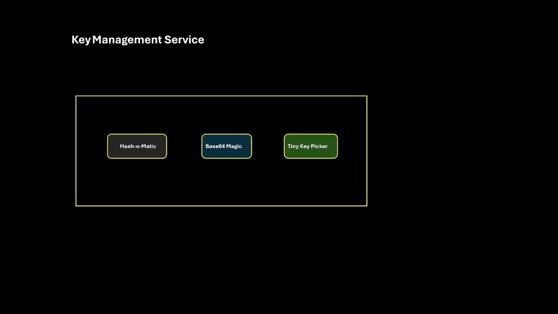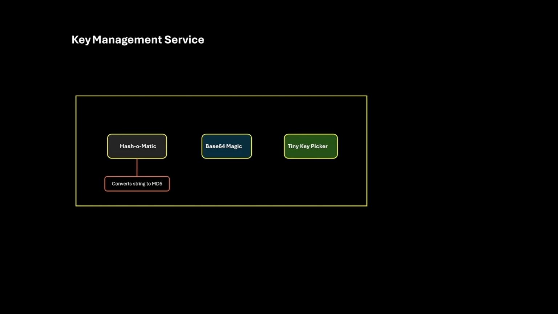So if we look closely, we discussed that the key management service consists of 3 modules: the Hashomatic, base64 magic, and TinyKeyPicker. Let's summarize what we have discussed so far. Hashomatic does the conversion of the input string to MD5. Let's assume the long URL is a kind of a string.